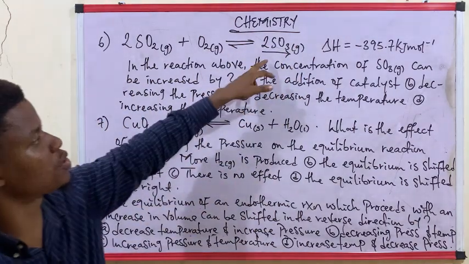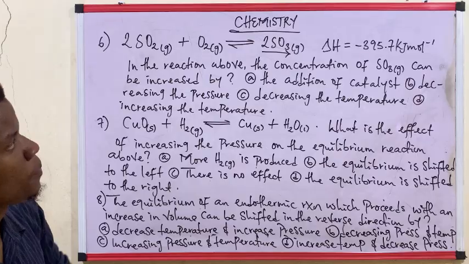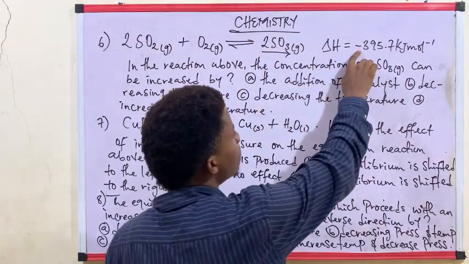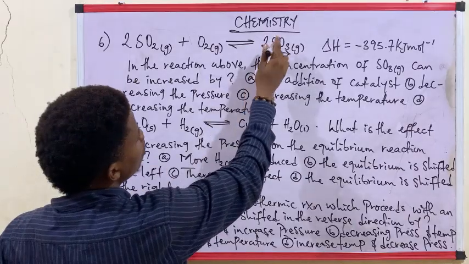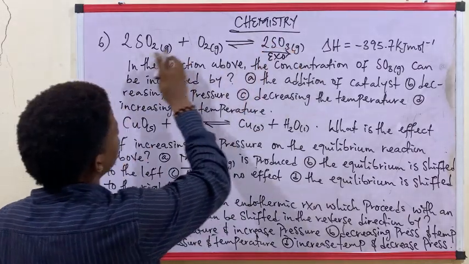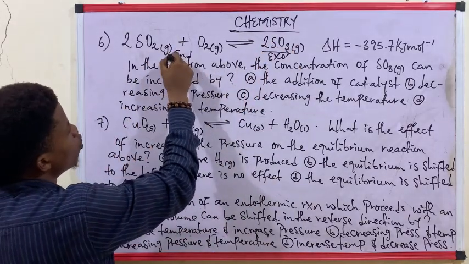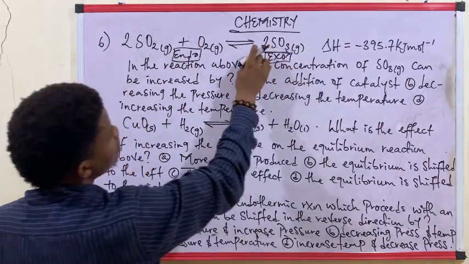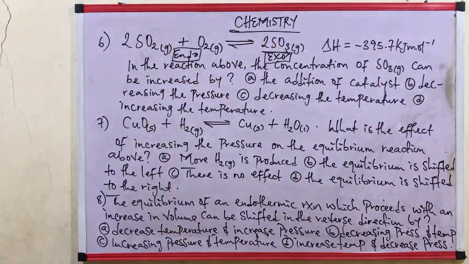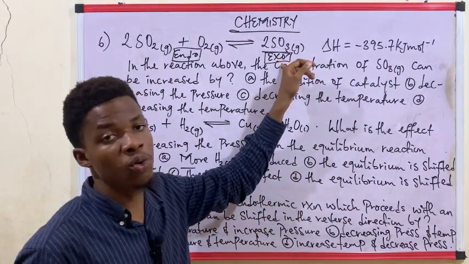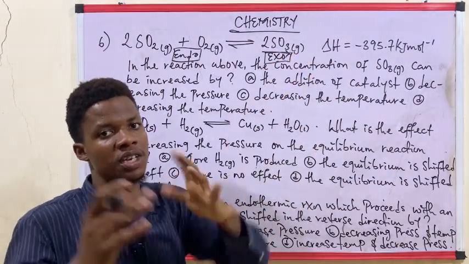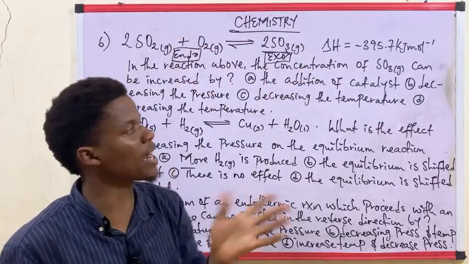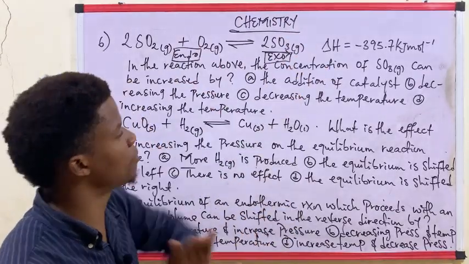The forward direction is what we want to favor, which is the production of SO3. Now remember, we have delta H negative, so the forward reaction is exothermic, and the backward reaction is endothermic. So it's clear that what we want to favor is the forward reaction. Because it is exothermic, we must decrease temperature, because decreased temperature can only favor exothermic reaction.